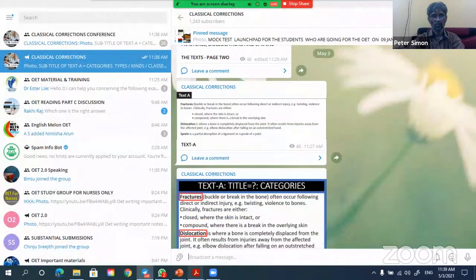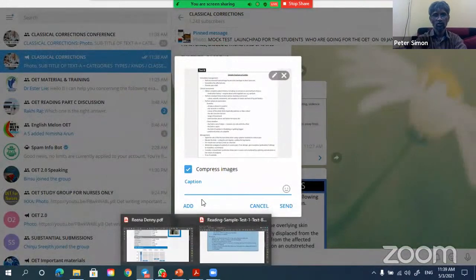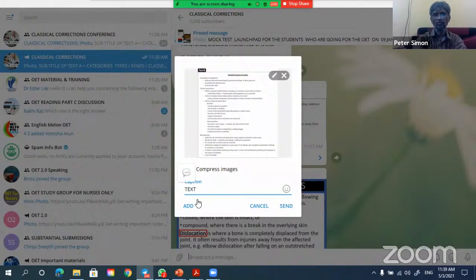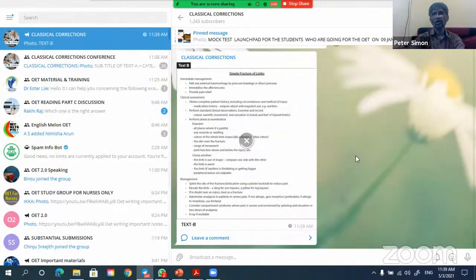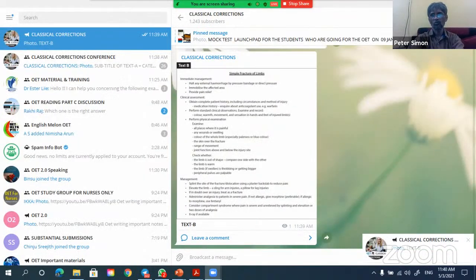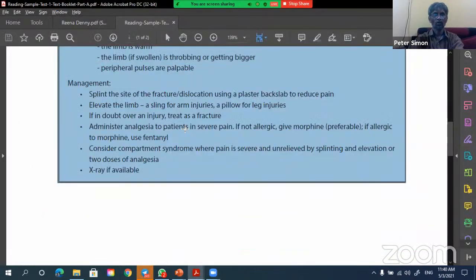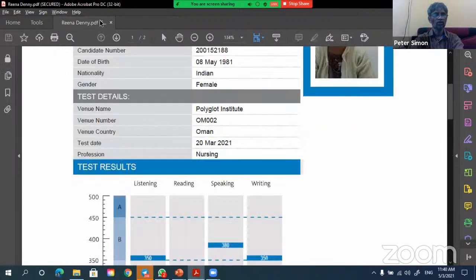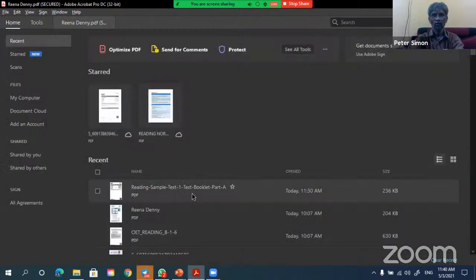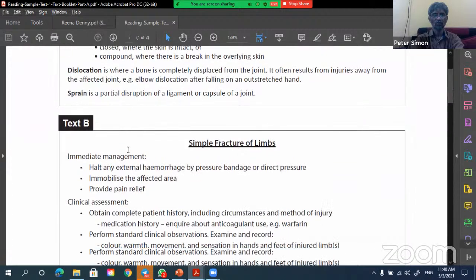Text A is there. Okay, so this is text B. Now, I'm going to show you in a bigger font so that you can see clearly on the screen. No problem, I can take that pains for you. So now close it and open again, because I have to copy paste.